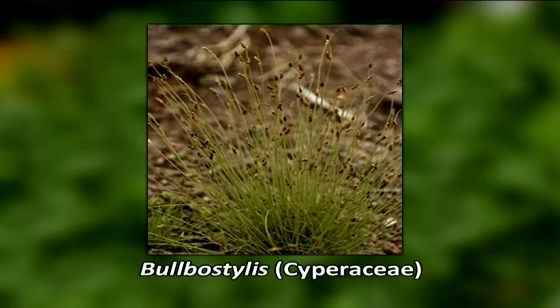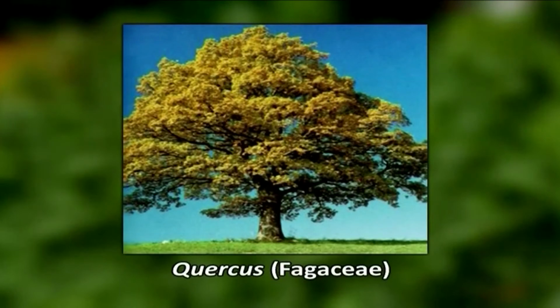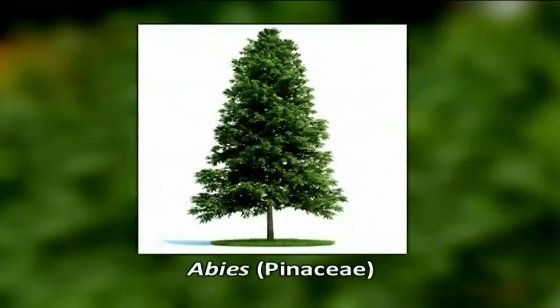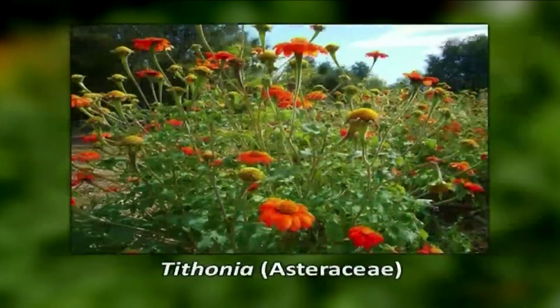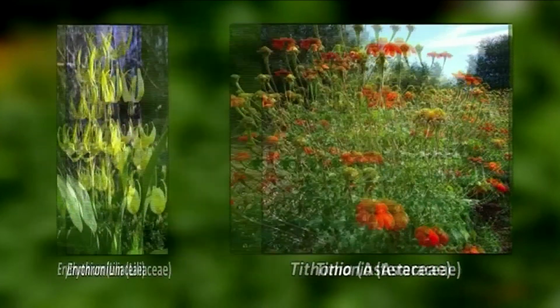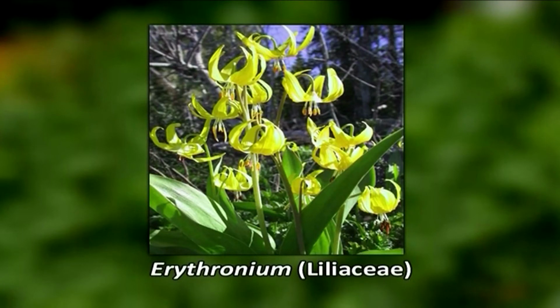All these methods aim at calculating multidimensional relationships and to condense them onto a reduced number of planes for more effective visualization and comprehension. Principal component analysis has been applied to many plant groups, including Bulbostylus from Cyperaceae, Quercus from Fagaceae, Abies from Pinaceae, Tithonia from Asteraceae and Erythronium from Liliaceae.